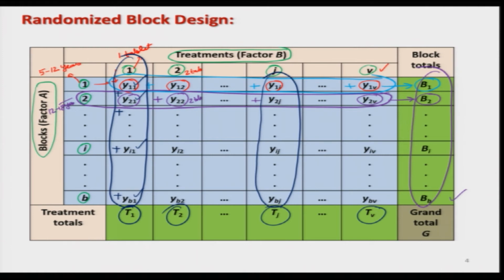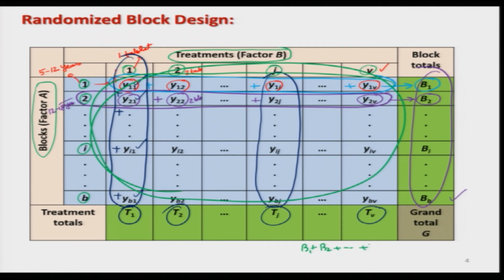Now, obviously, if you sum all the observations, which is equivalent to summing all the block totals B1 plus B2 plus up to BB, or equivalent to summing the treatment totals T1 plus T2 plus up to TV, they are going to be the same, and they give us the grand total G, that is the sum of all the observations in the design.